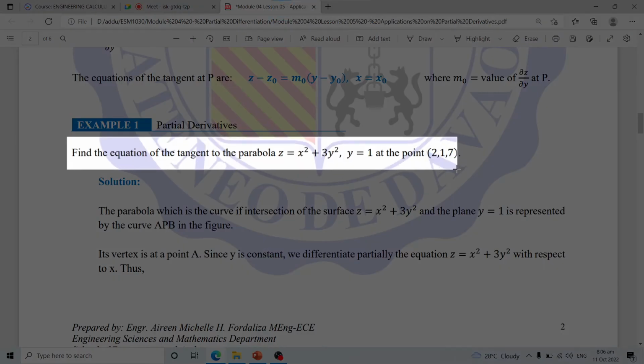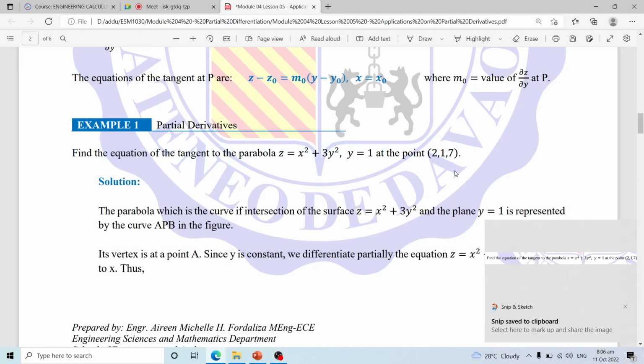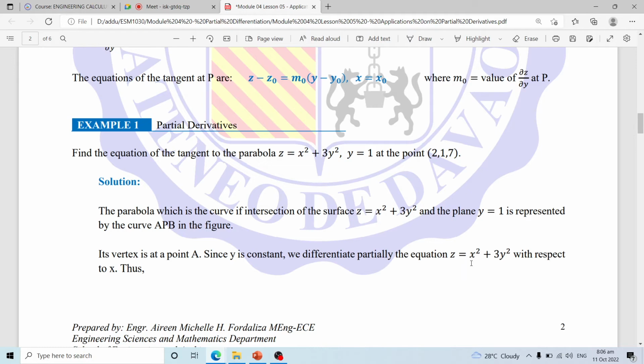It says find the equation of the tangent line to the parabola z is equal to x squared plus 3y squared, and then y is equal to 1 at the point 2, 1, 7.